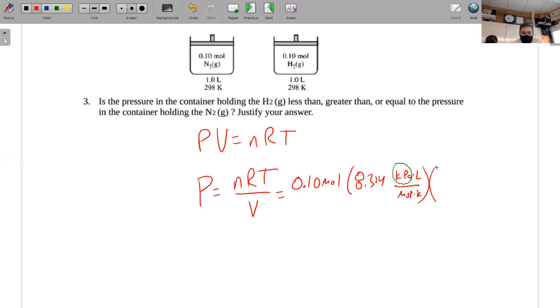The temperature is 298 Kelvin, and the volume is a liter. Let's see, times 0.1 times 298.